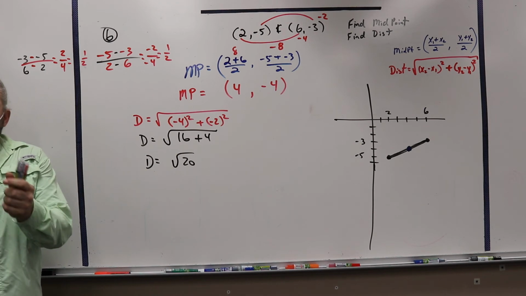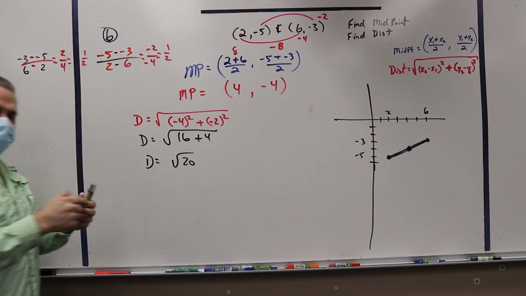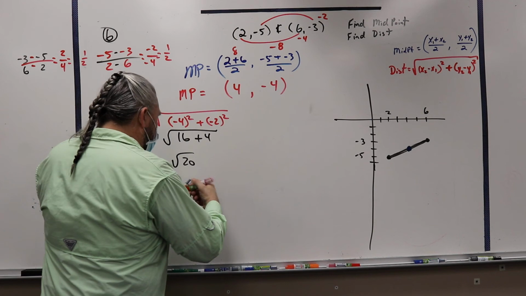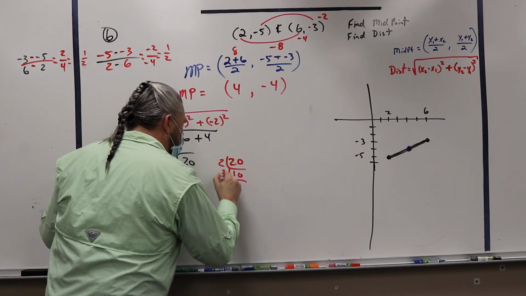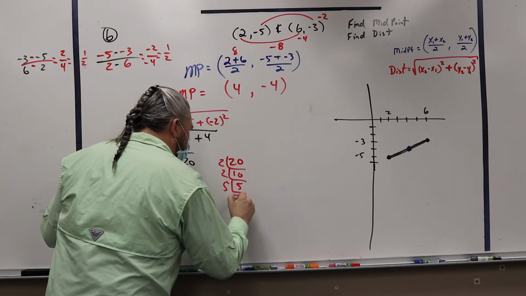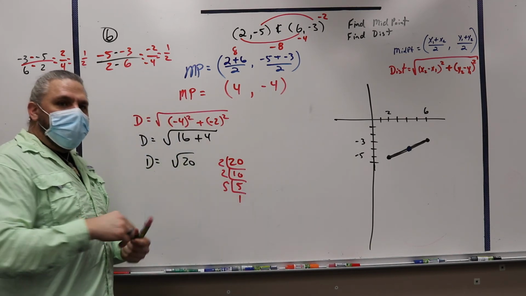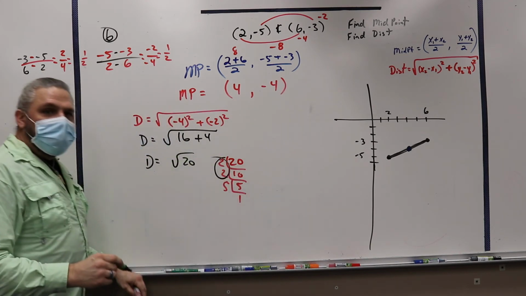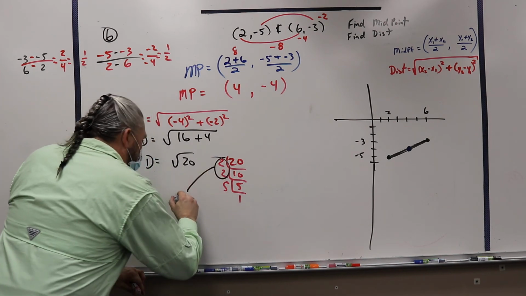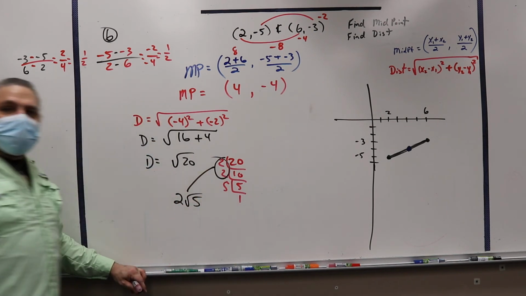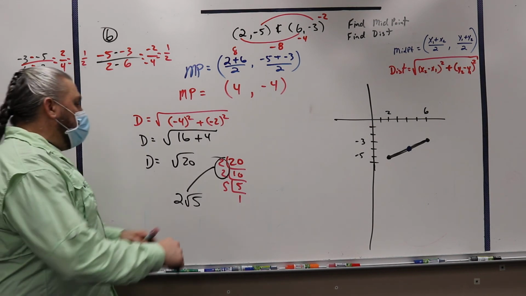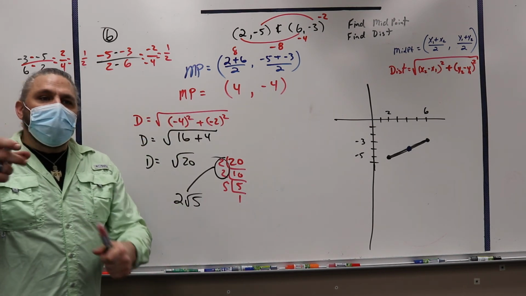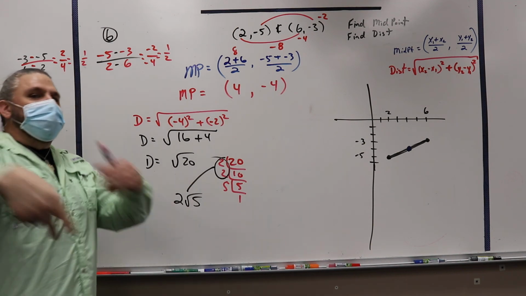Now how do we break down 20? 4 and 5. That's it. So I like to think of it as 2, 10, 2, 5, 5, 1, and then I pull out my pair. And now I've got 2 square roots of 5. That's how I teach it. You guys might pull out a 4, and you know that the square root of 4 is 2, so you pull out a 2.